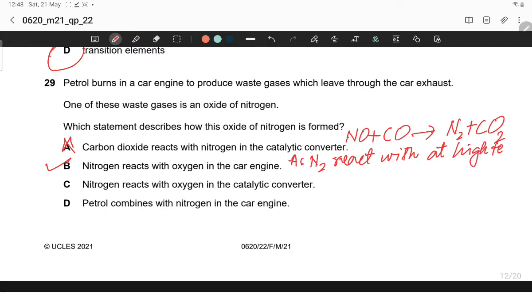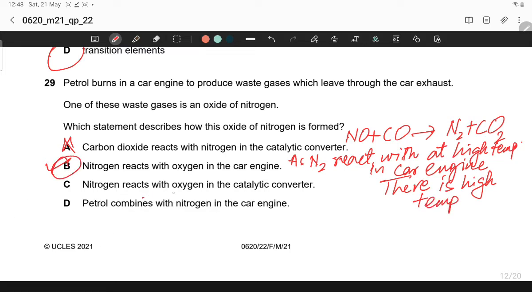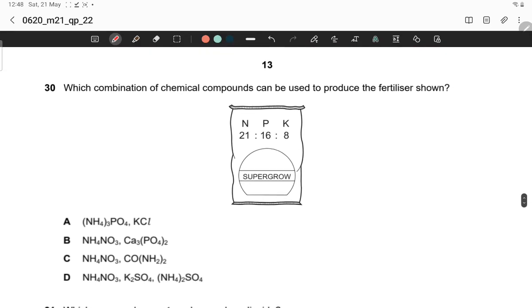In car engines there is high temperature, so it can react with nitrogen. So B option must be correct. Nitrogen reacts with oxygen in the catalytic converter. No, nitrogen is formed. Petrol combines with nitrogen in the car engine. Not correct. So B option is correct.